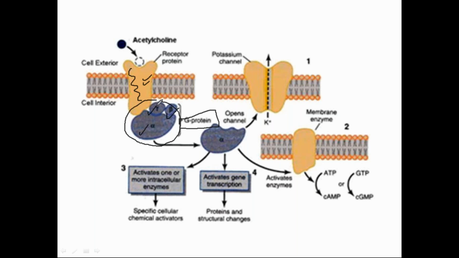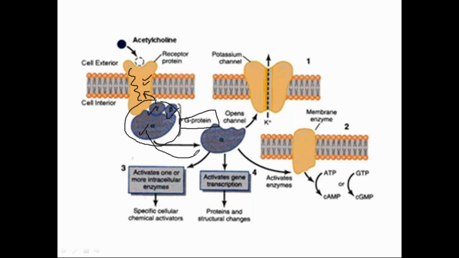As soon as there is a structural change in this G protein, it will break. Beta and gamma will be attached to this receptor, and this alpha will be dissociated from this.